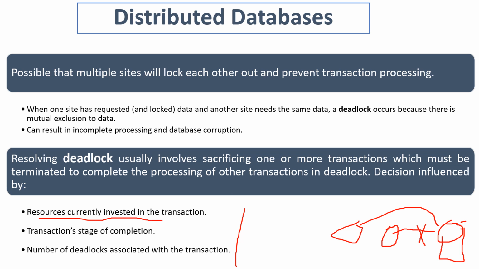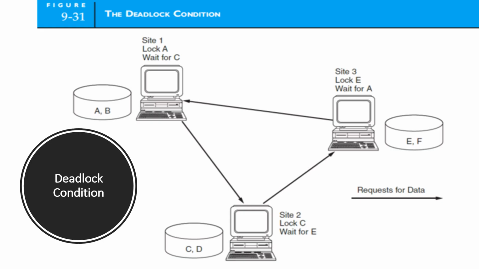The first factor is the value of the transaction, the process or investment. The second is the stage, which one is closer to completion. So we will cancel the lesser one. Also the number of deadlocks associated with that transaction.